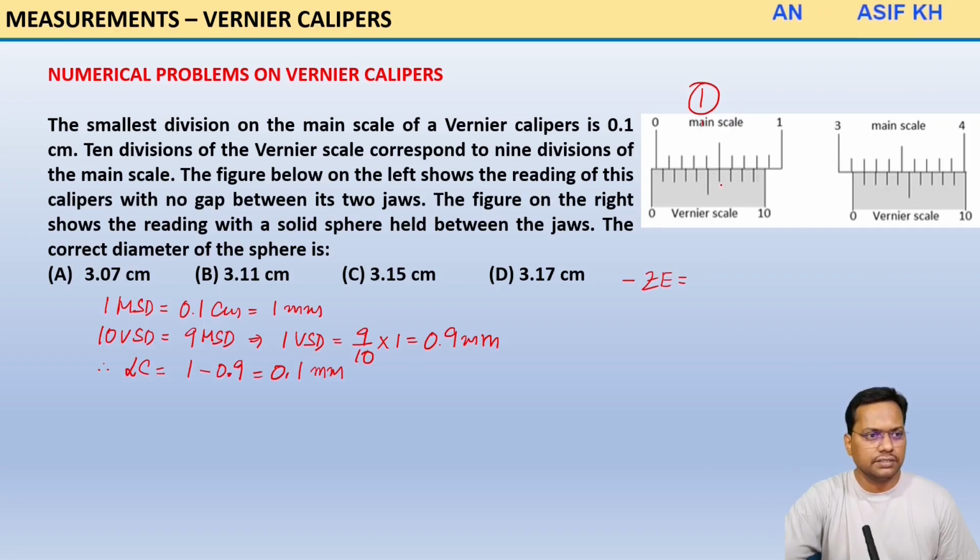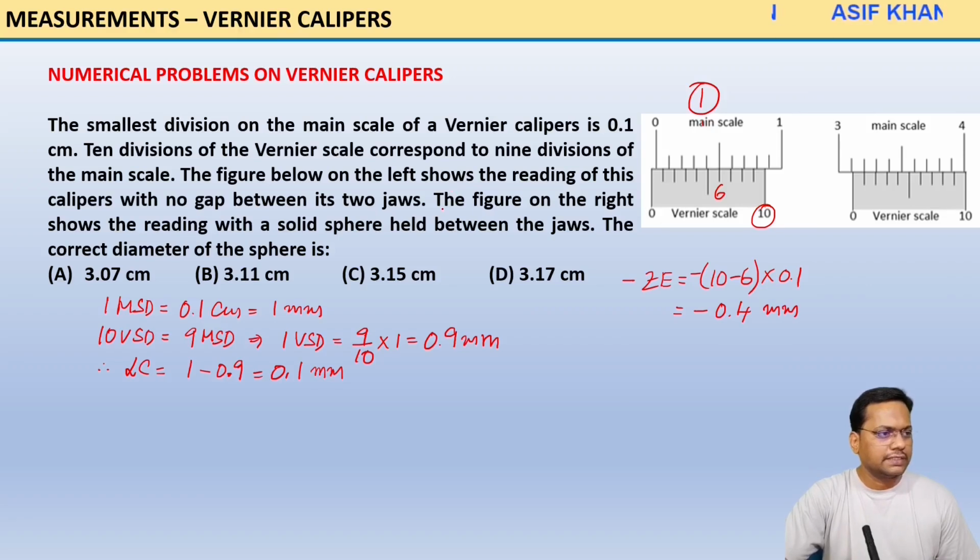So here it is the 6th division, and we need to subtract from the total number of divisions, that is 10. So it is 10 minus 6 into the least count, that is 0.1. And since the error is negative, we need to put a negative sign. Minus 4 into 0.1, that is 0.4 millimeter.